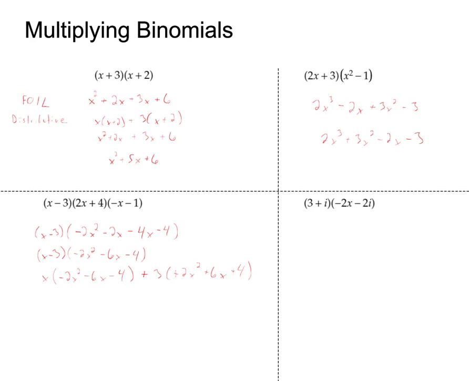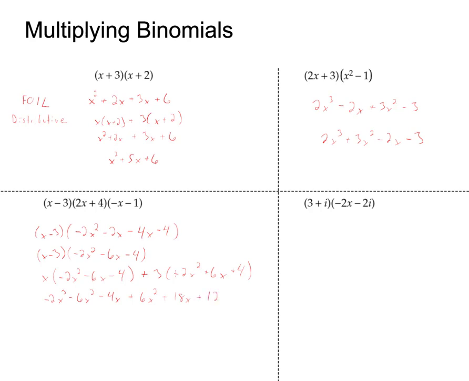All right, so let's move on and distribute the x and the 3. So this is x times negative 2x squared is negative 2x cubed. Then we have minus 6x squared, and then minus 4x. We're adding to that, so 3 times 2x squared is 6x squared, plus 3 times 6x is 18x, and then 3 times 4 plus 12.